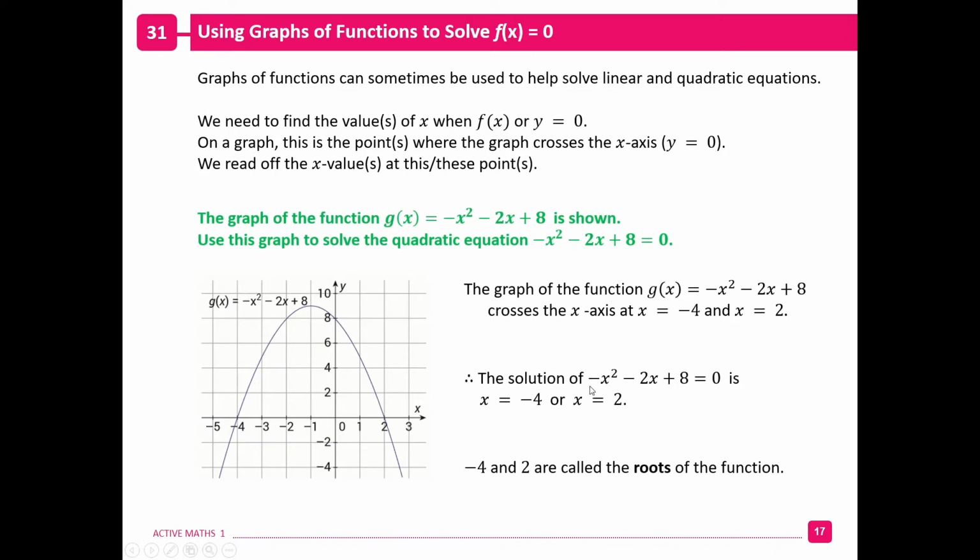Let's test this out on the number 2. -2 squared minus 2x plus 8. Well, don't forget that with BIMDAS, we always do the index first. So our x is a 2, and we must square it. That means times it by itself. So 2 squared becomes 4. And then we have minus lots of that.